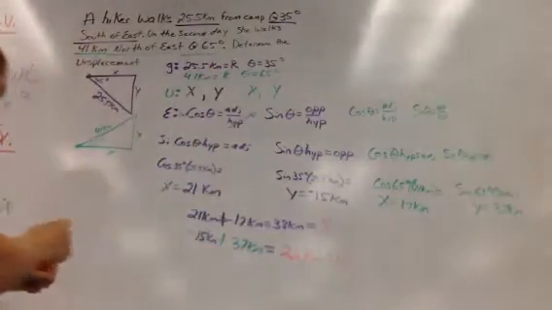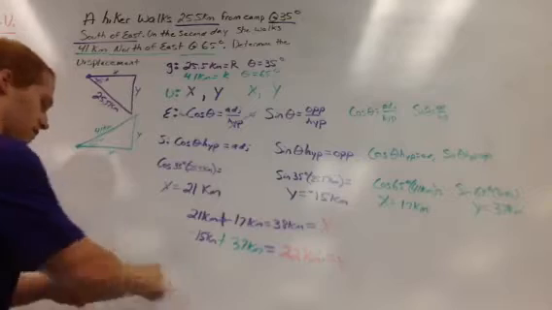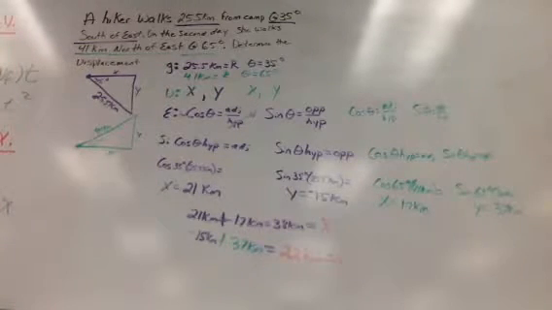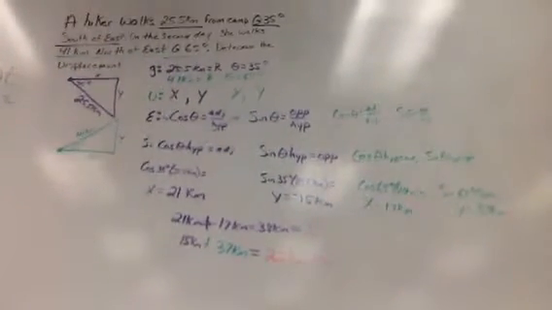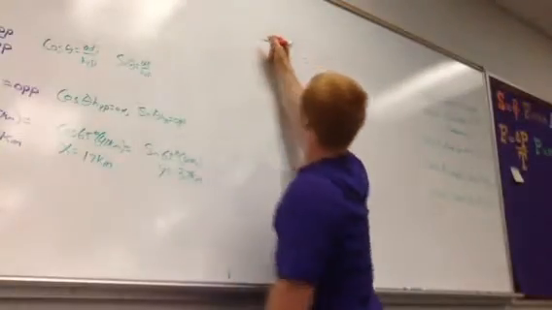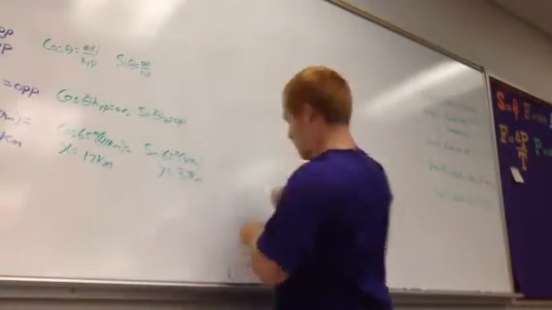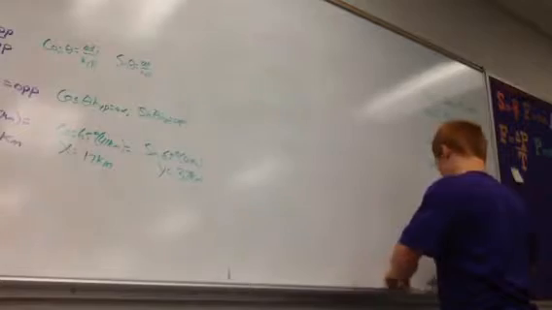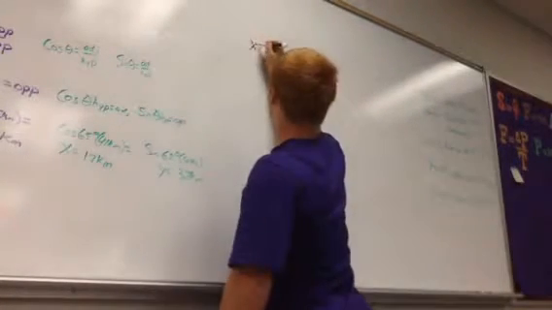So now we have new x's and new y's. We are going to have a new triangle. So with that, we are going to draw a new triangle. I'm going to move over a little bit over here. So our x, I'm going to draw it in black because you can't really see the other color.